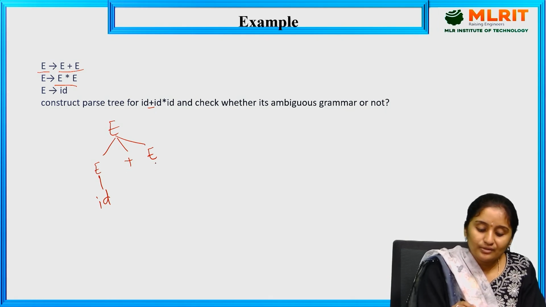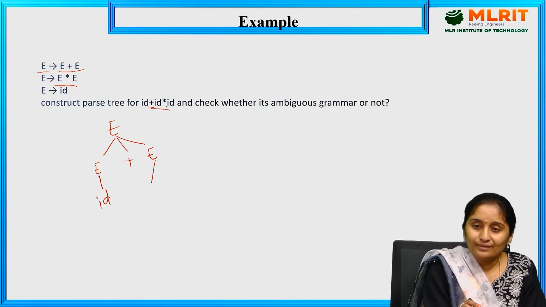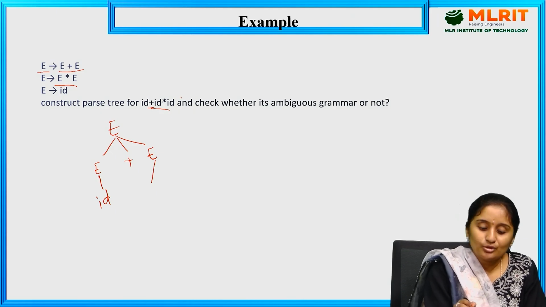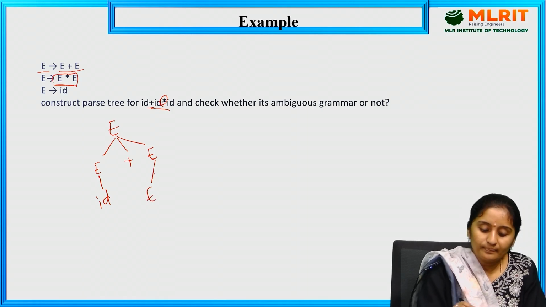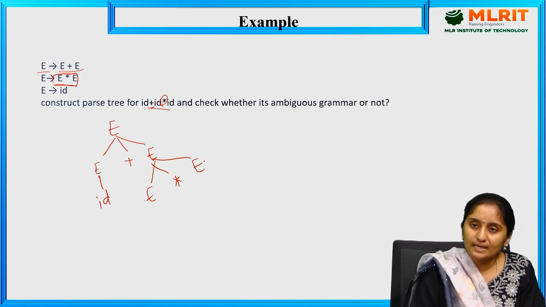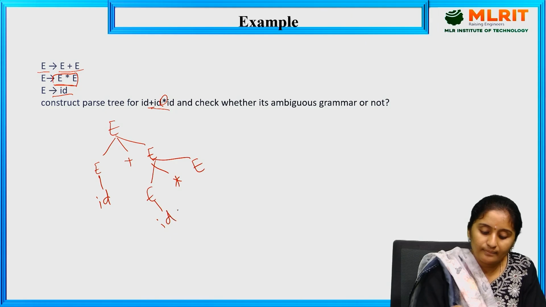ID plus. The next E I can replace with E star E or E plus E or ID. But here I have two more identifiers, ID into ID, and the operator I am having is the multiplication operator. So I need to choose E star E, E produces E star E. This E is replaced with ID, star, ID.